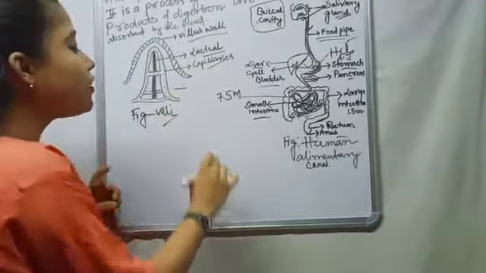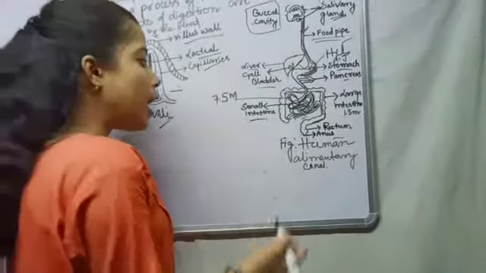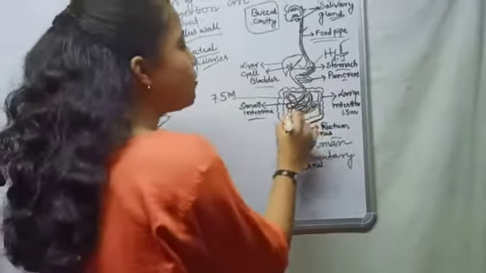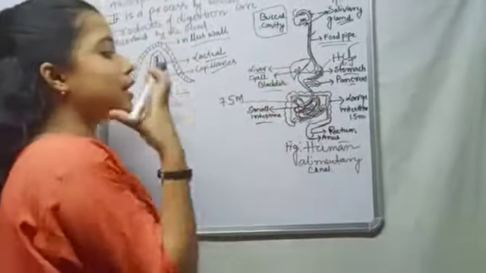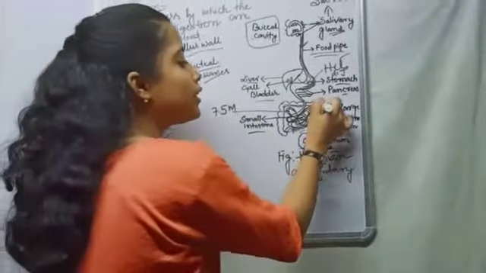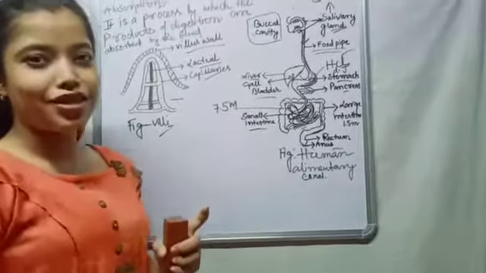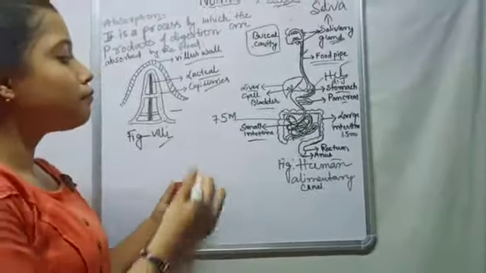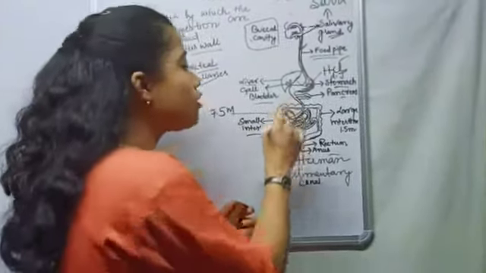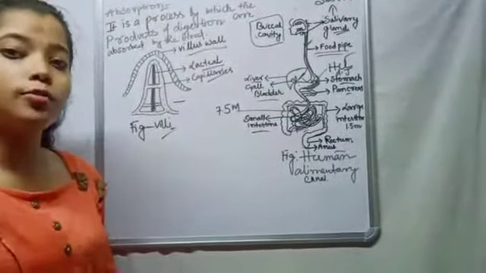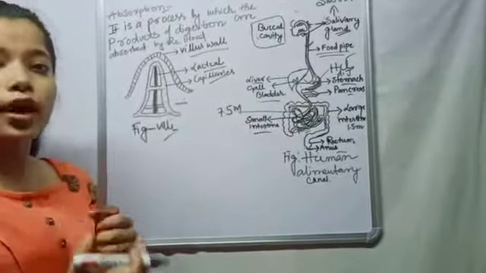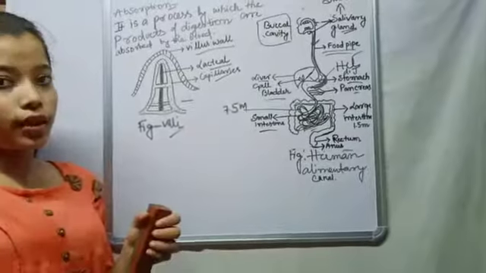Okay, now what happens after the products are absorbed? It goes to the large intestine, where the undigested products are soaked out of the water and salts present, because our body needs water and salts as well.